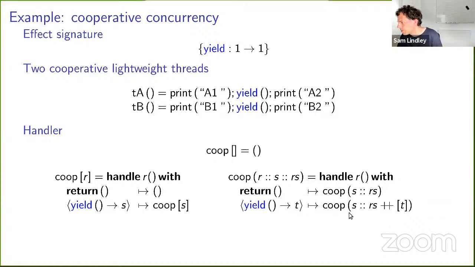And what we do is we just pop that on the end of the queue. So that will have the effect of yielding control to another thread. And that's it. So having implemented this thing, we can run co-op with our list, and it does the interleaving as expected. So it's printing these things out and then ultimately returning unit. So yeah, these are really cool. They compose in nice ways. We can implement all kinds of different primitives.